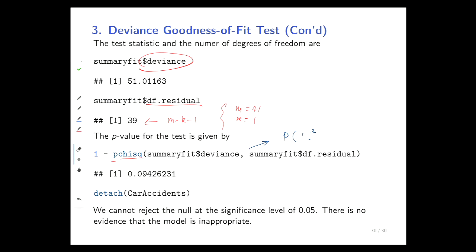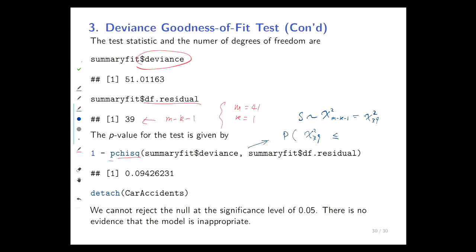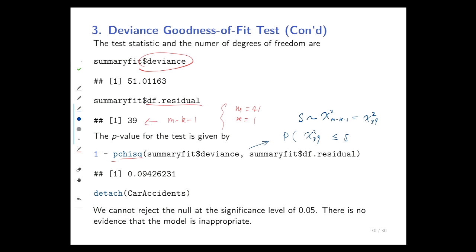So maybe I should write that S follows the chi-square distribution with m minus k minus 1 degrees of freedom, which is 39. This function gives the probability that the chi-square distribution is smaller than the test statistic, which is the deviance, and here it is 51.011.